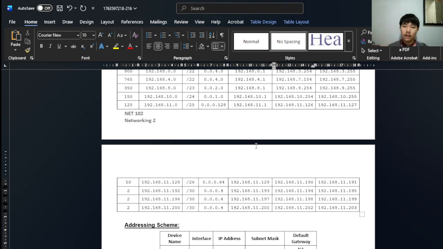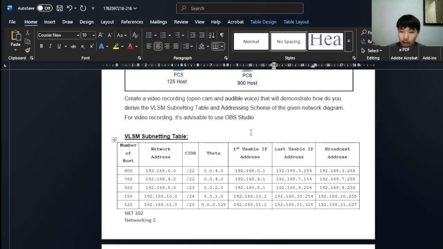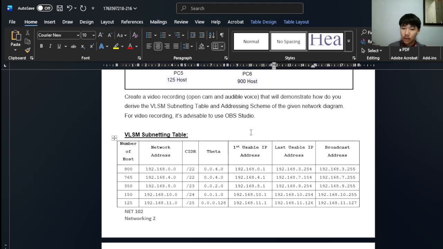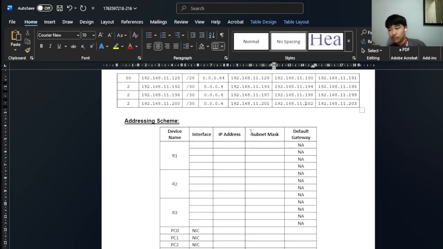So now that we're done with the VLSM subnetting table, we can proceed to our addressing scheme.